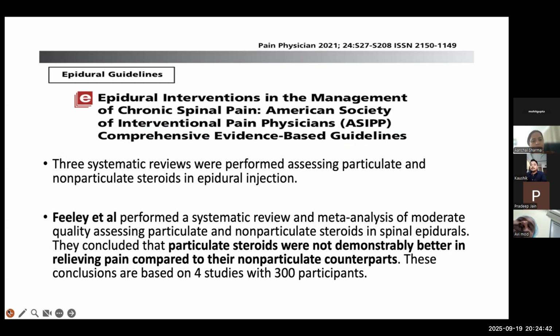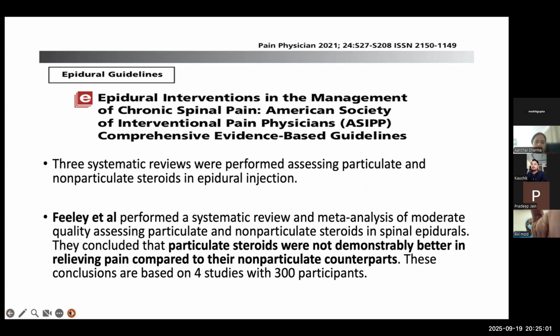So the next article we have over here is from the Journal of Pain Physicians, which is the epidural interventions in the management of chronic spinal pain, from the ASIPP, the American Society of Interventional Pain Physicians guidelines.